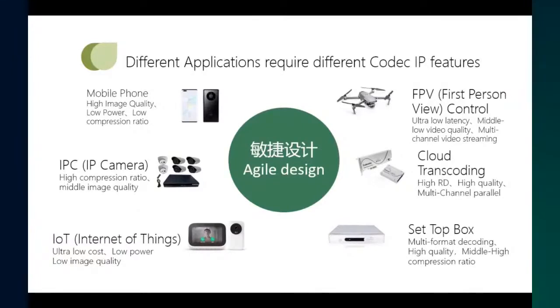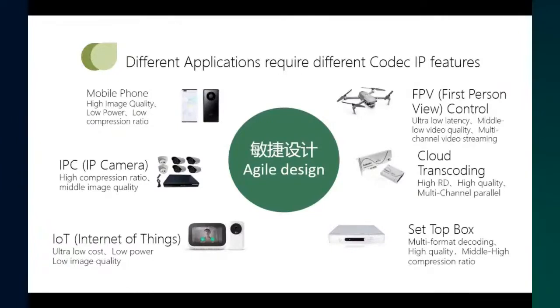And for the FPV, first-person view controls, it needs ultra low latency, the video quality can be middle to low, and it should support multi-channel video streaming. For cloud transcoding, it needs high RD coding efficiency and also high quality, and it also needs to support multiple channel parallel processing.